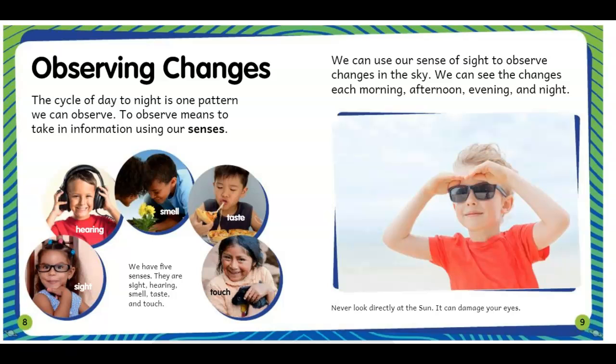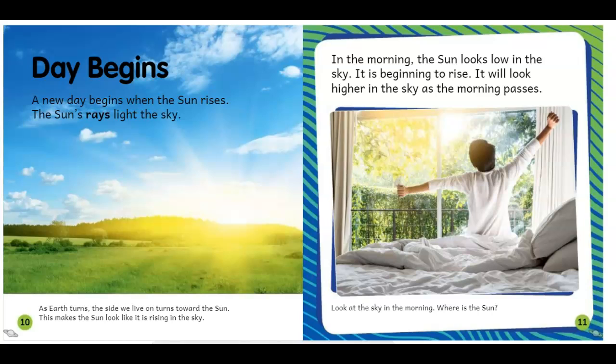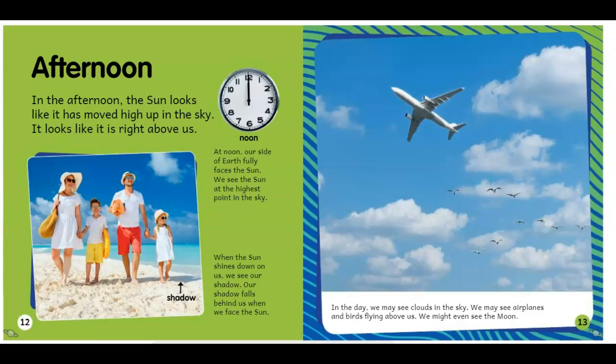What are the things that we can use our senses with that only happen in the day or only happen at night, or maybe both? Sun rays. Is that only during the day? Do we ever see sun rays at night? The afternoon.